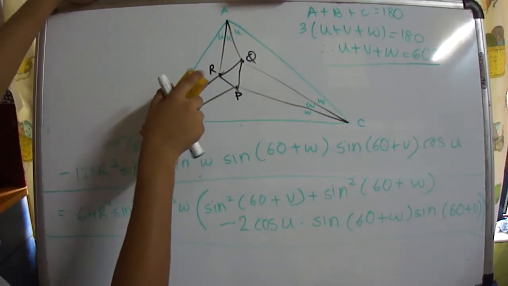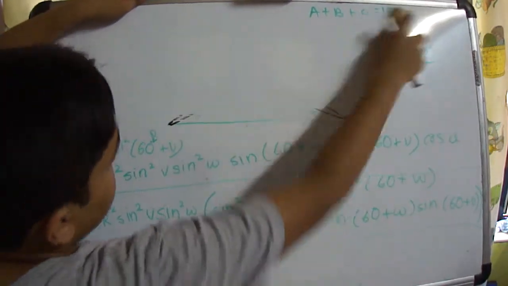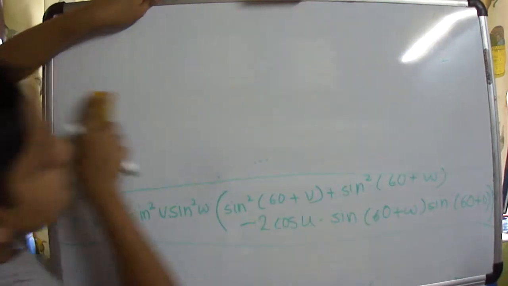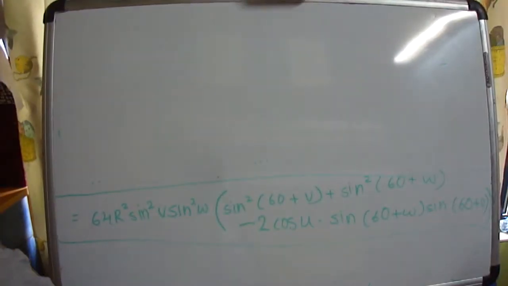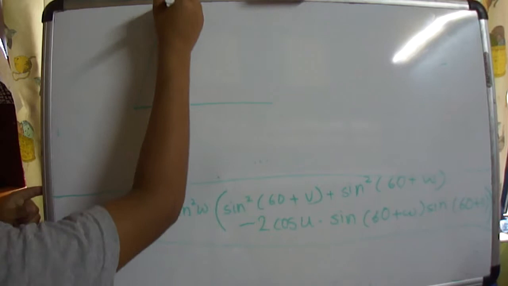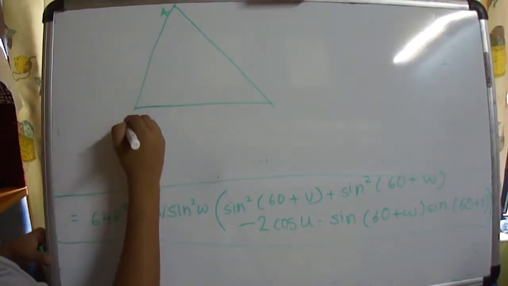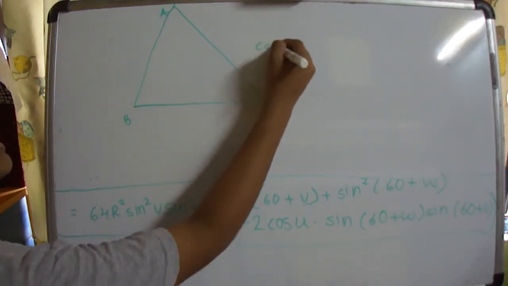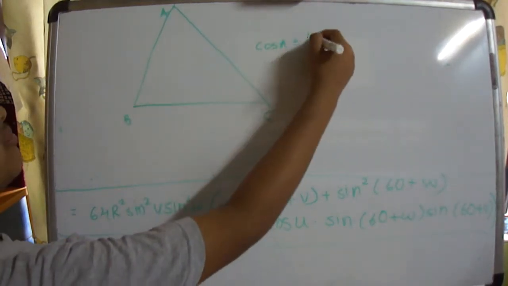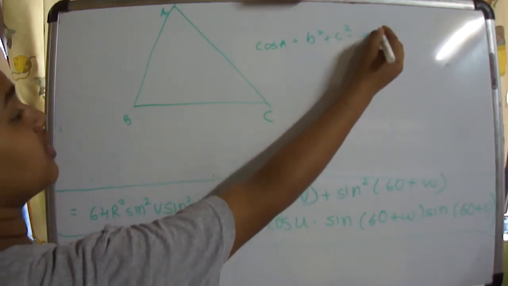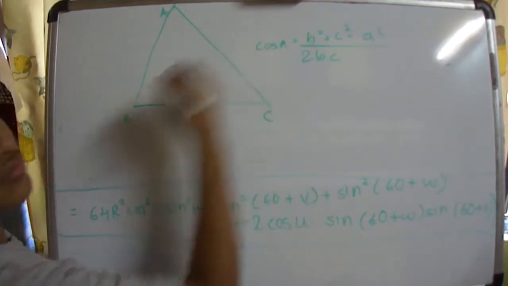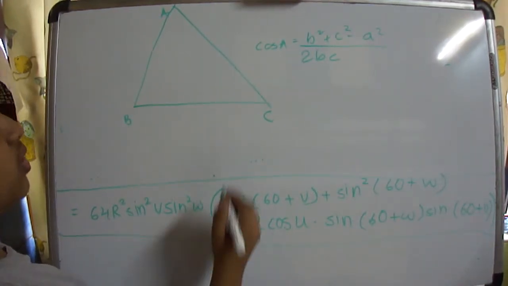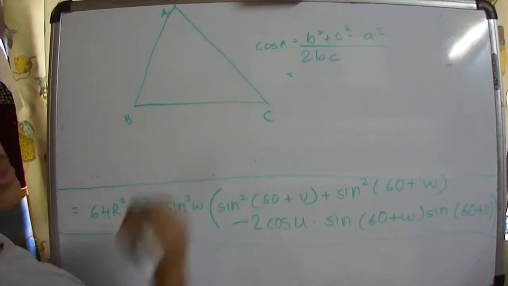We don't need this triangle anymore, nor do we need this. In a triangle ABC, we know that by cosine rule cos A equal to B square plus C square minus A square by 2BC, right? So we can write these using sine rule.